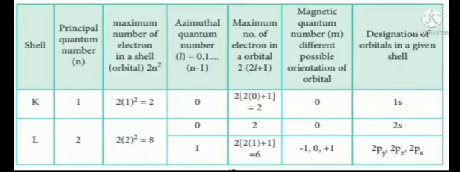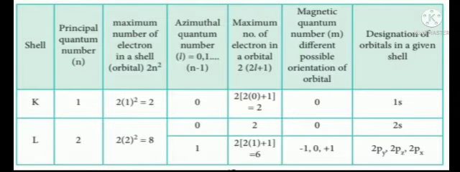Next, for L shell, the principal quantum number n equal to 2, where the maximum number of electrons in the L shell is 8. It is calculated from the formula 2n square.